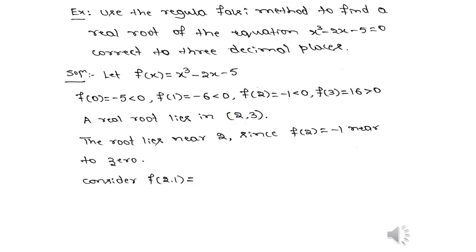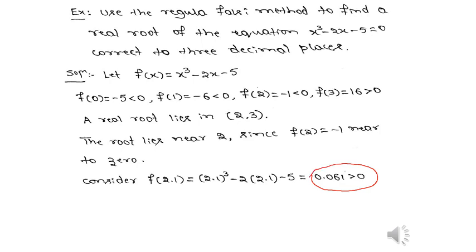Yes, we have taken 2.1 which is very near to 2 and lies between 2 comma 3, and we check the value of the function, whether it is negative or positive. We put 2.1 in place of x in the function, so we got 0.061 which is positive.